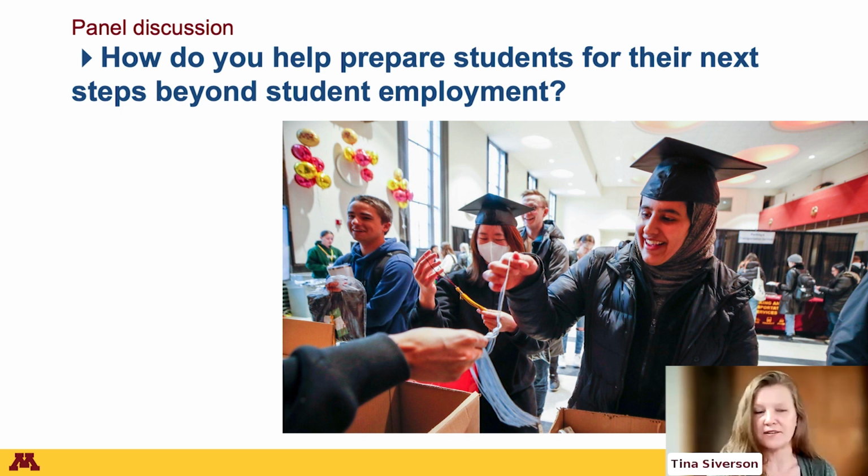As a supervisor, having conversations with them about the soft skill development is very helpful, just helping them realize how they're growing, how they're changing, how they're developing. And also setting goals with students around their work can be very helpful to help them realize the skills that they're developing.